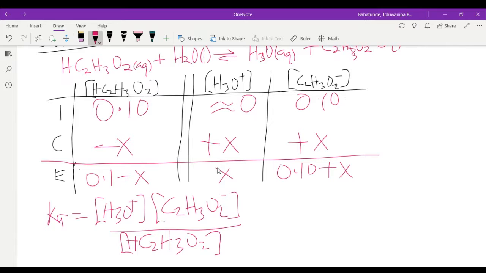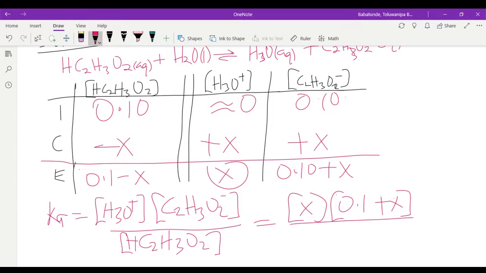So we write it this way, and we can plug in our equilibrium value expressions. Our hydrogen ion is x, and the conjugate base is 0.1 plus x, over 0.1 minus x. All right.